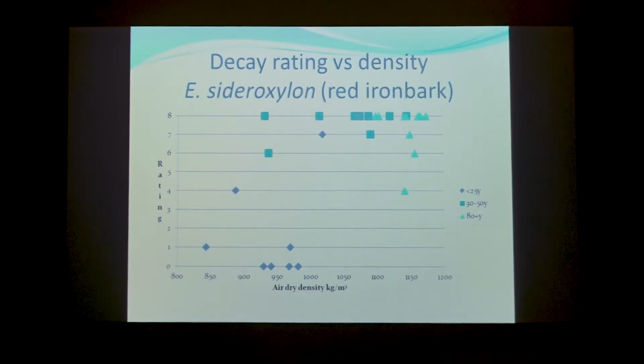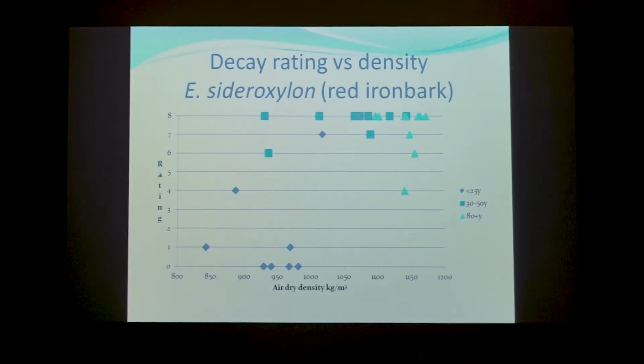It was a fairly similar result for red ironbark, although not quite as clear, but not as nice a curve. But you can see that the younger trees, or the diamonds there, they're all less durable than the older trees.